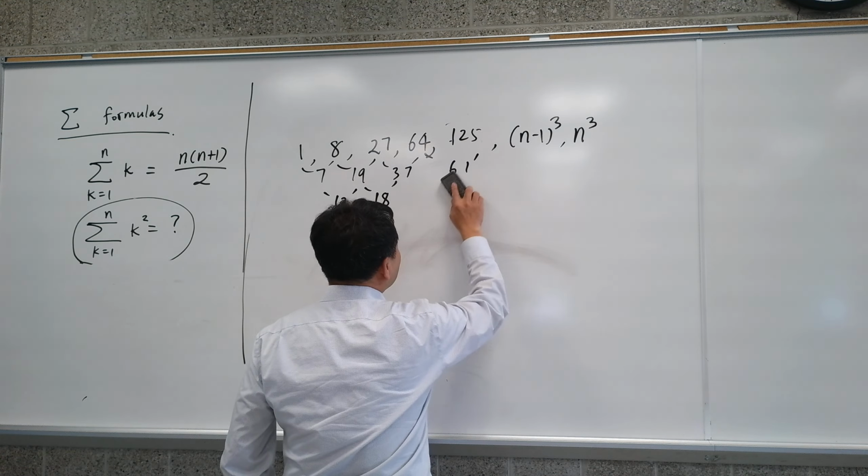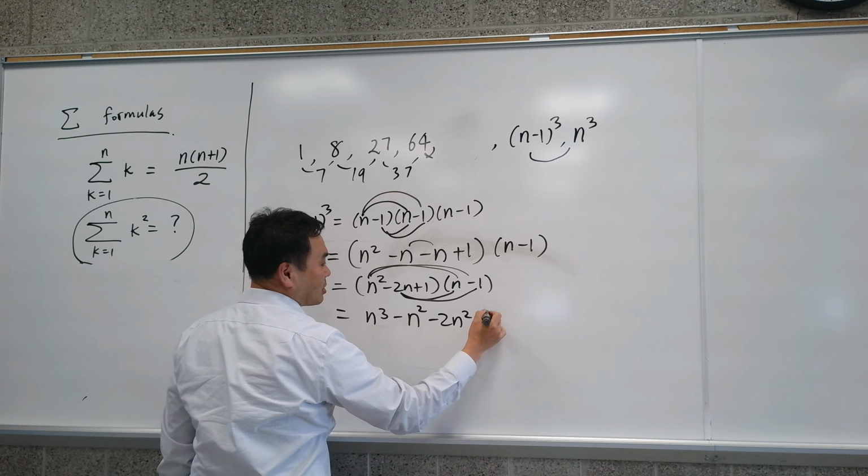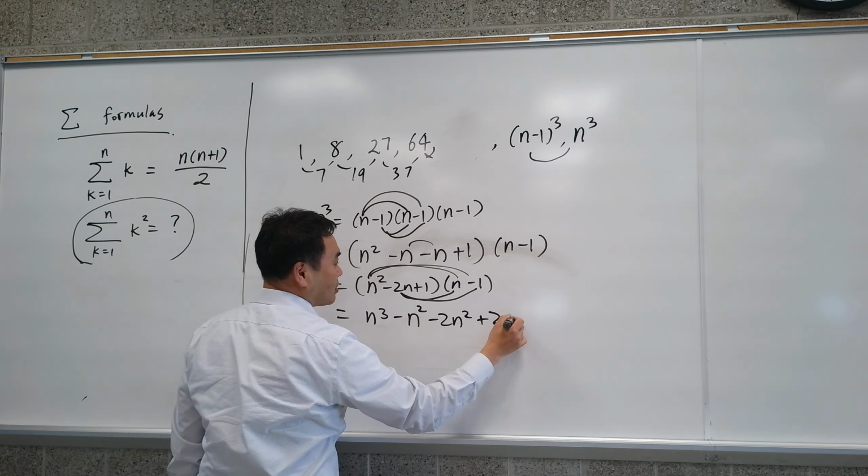That's n squared minus 2n plus 1 times n minus 1. I combine the like terms. N squared times n is n cubed. N squared times negative 1 is negative n squared. And then negative 2n times n is negative 2n squared. Negative 2n times negative 1 is plus 2n.